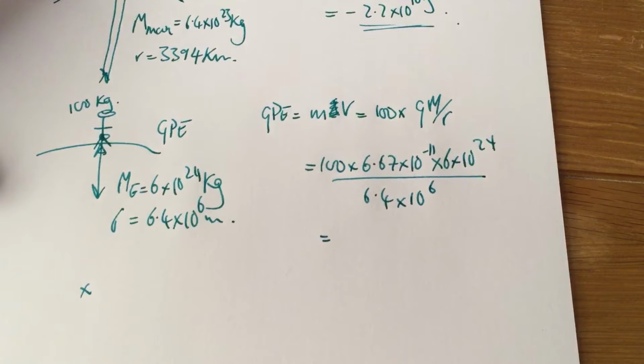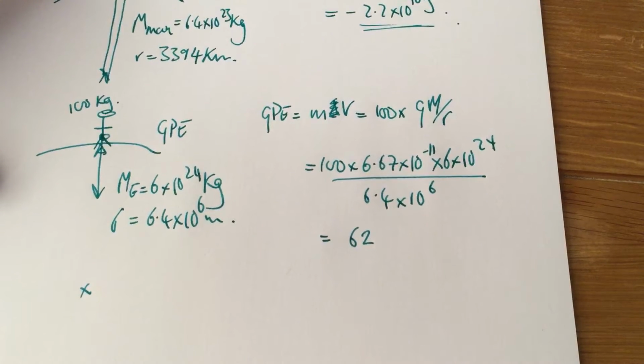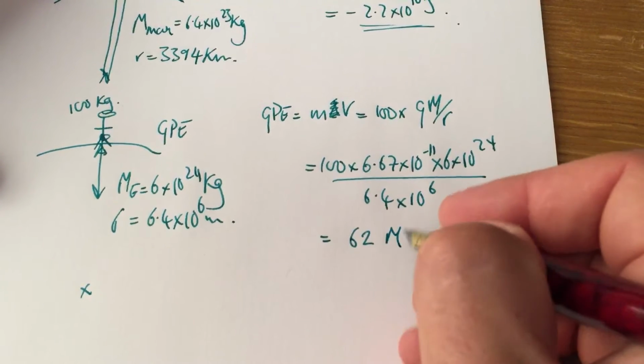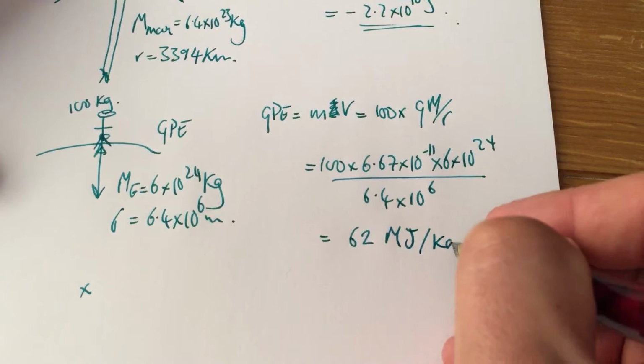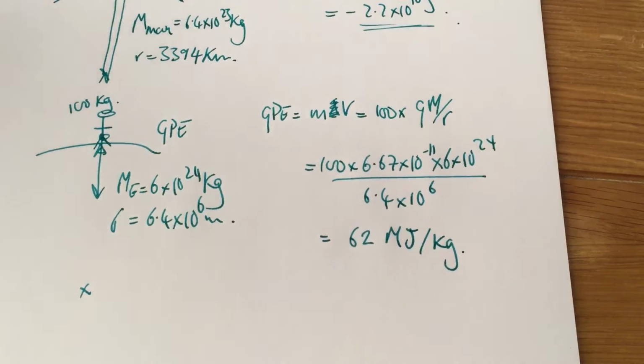Plugging it into the calculator. 6 times 10 to the 24 divided by, it's something like 62.5 megajoules per kilogram. I'm pretty sure that's correct. Let me just reference that.